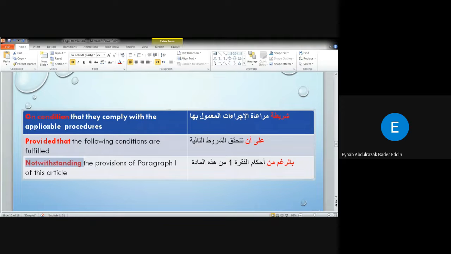But if we express the same sentence by using in spite of or despite: in spite of the poverty of some people, they are generous. You see?